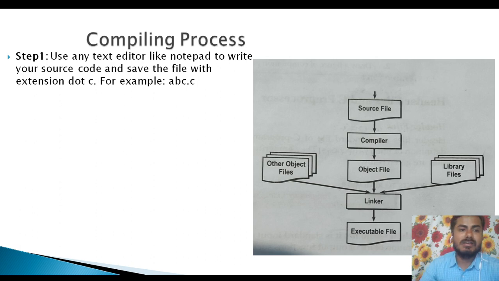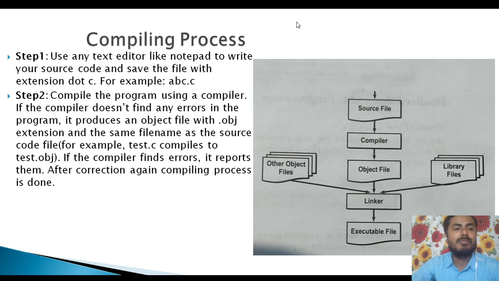Then, let us see the second step. In the compiling process, the second step is to compile the program using a compiler. If the compiler doesn't find any errors in the program, it produces an object file with the .obj extension.